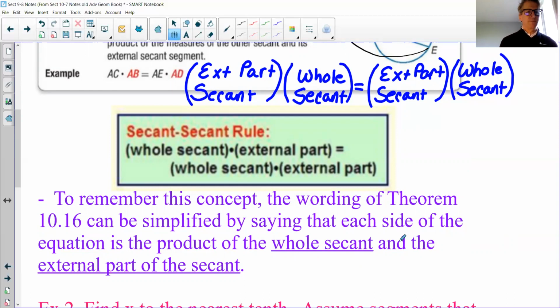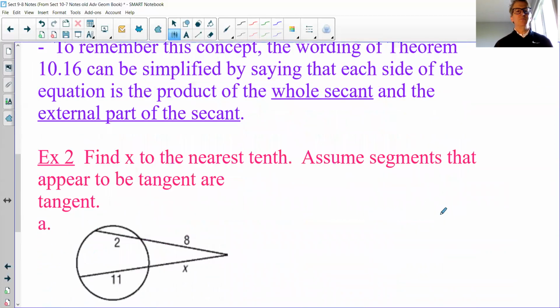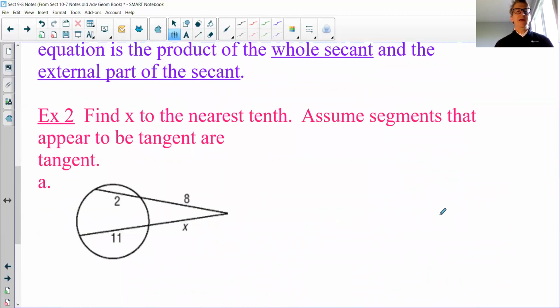Let's get started here. Example 2. Find x, here it is, to the nearest tenth. Assume segments that appear to be tangent are tangent. All right, so we're going to start with this 8 first, this piece 8, and we're going to multiply it times 10. So we have the small piece on the exterior, 8.